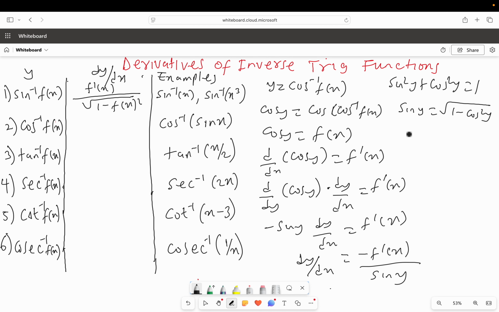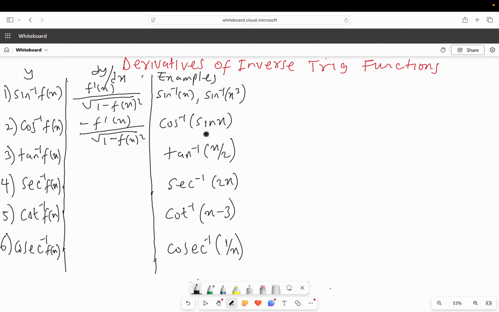So my sin y is just root of 1 minus f of x squared. If I substitute it into this formula, my dy dx will just be minus f prime of x over root of 1 minus f of x squared.